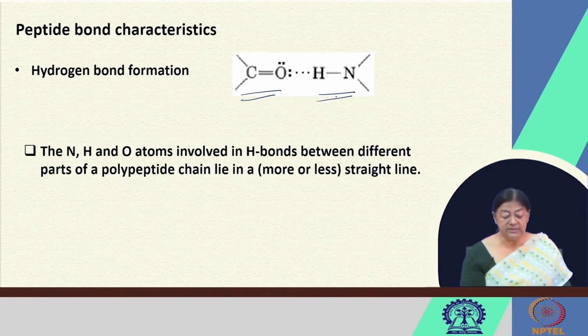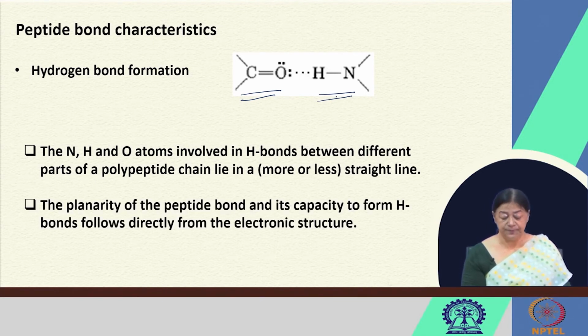These hydrogen bonds are actually formed between different parts of the polypeptide chain. So, if we look at a peptide bond on one part of the polypeptide chain, there can be hydrogen bond interactions between different parts of this chain that assist in the folding characteristics, which we will see in a subsequent lecture.